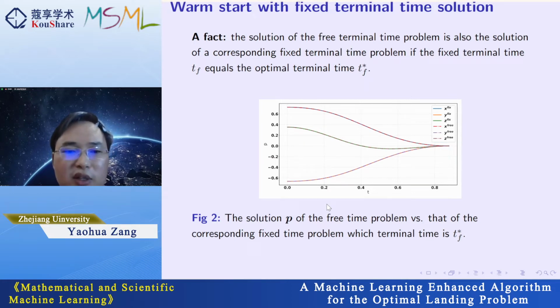Figure 2 shows the position solution obtained by the free terminal time problem and that of the corresponding fixed time problem with terminal time tf star. From this figure, we can see that the position solutions obtained by these two methods are exactly the same.